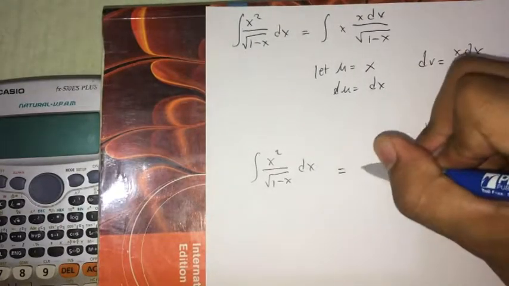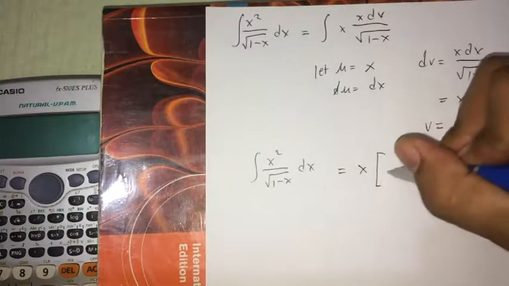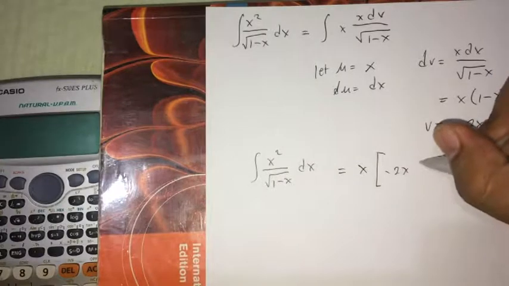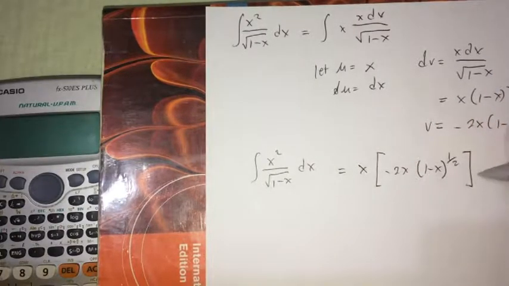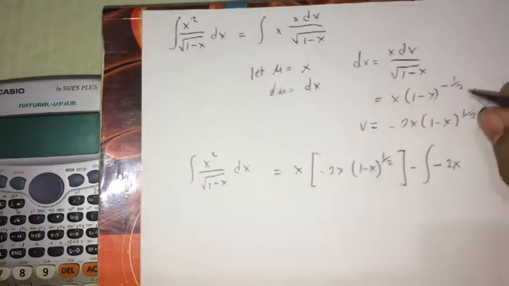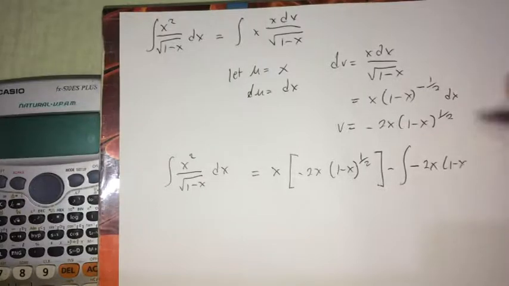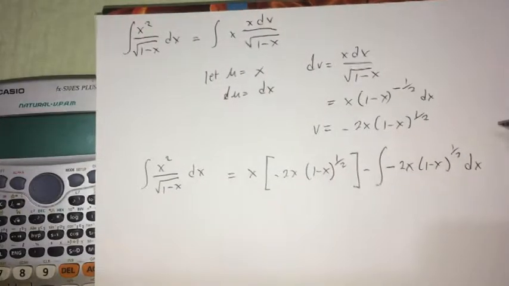So, we now have x times negative 2x 1 minus x raised to 1 half minus the integral of negative 2x times 1 minus x raised to 1 half dx.